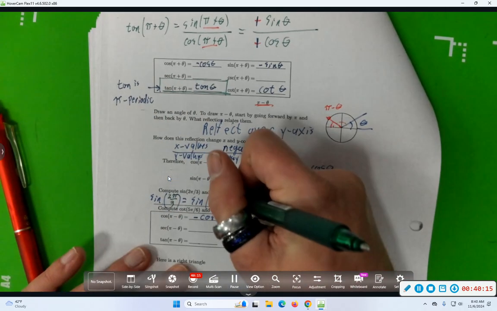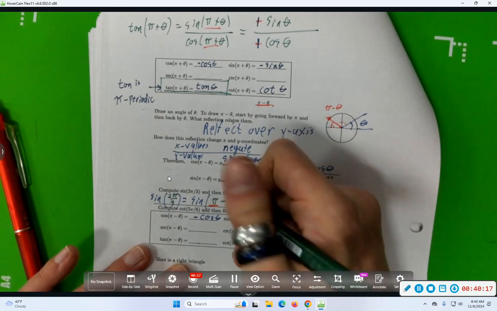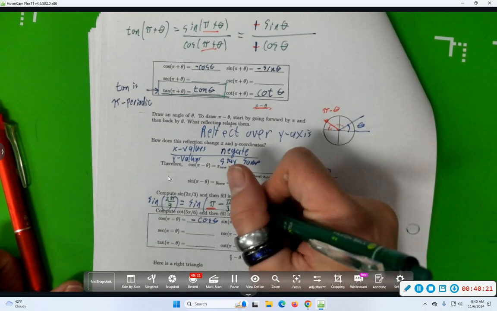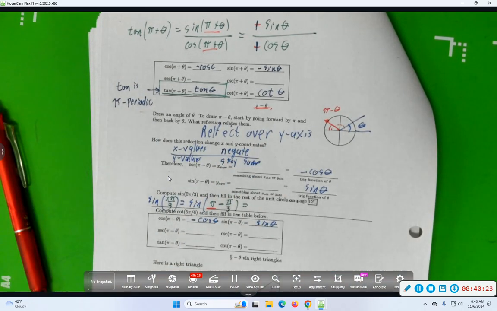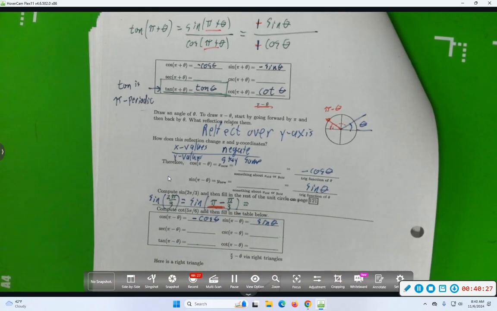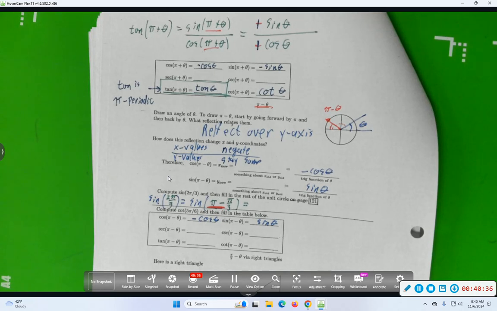No, I want this to be green. All right, so let's carry on. Nice, so I see a pi minus in the parentheses. What does pi minus do to an angle? Nope, what does pi minus do to sine?